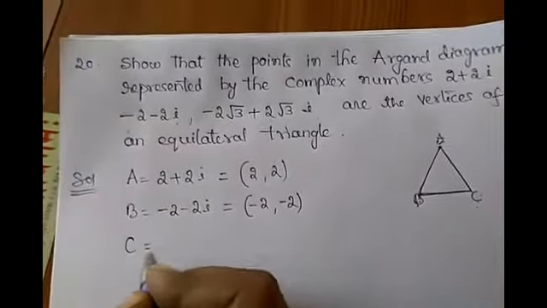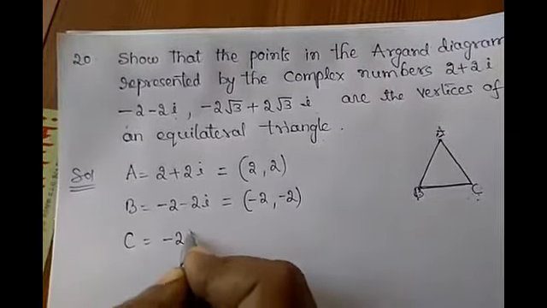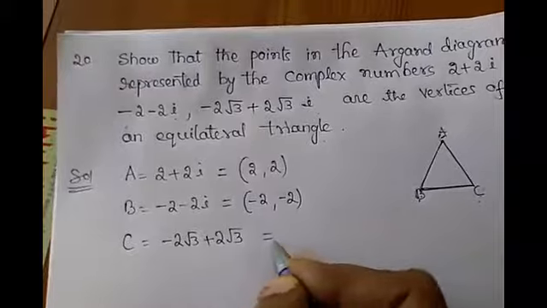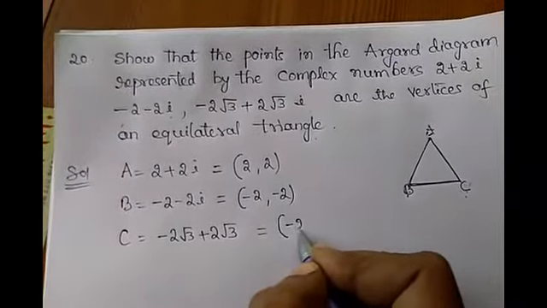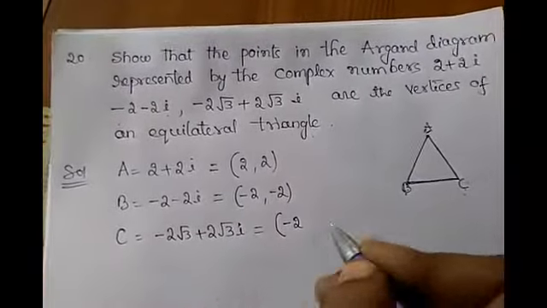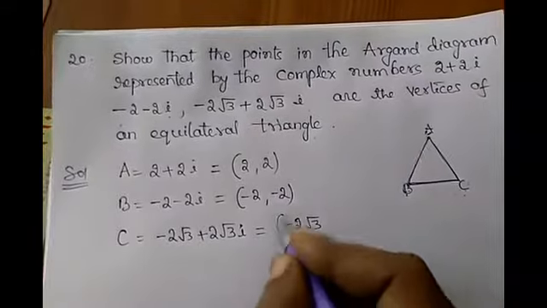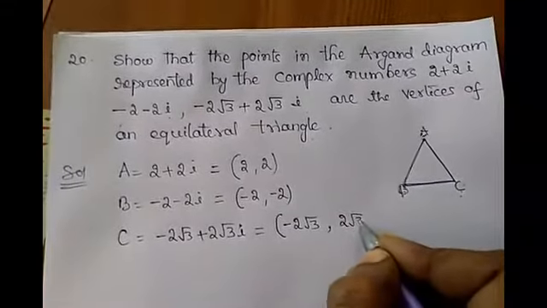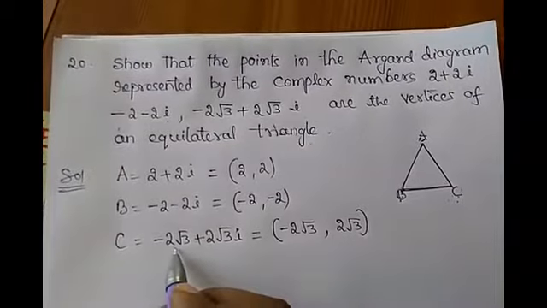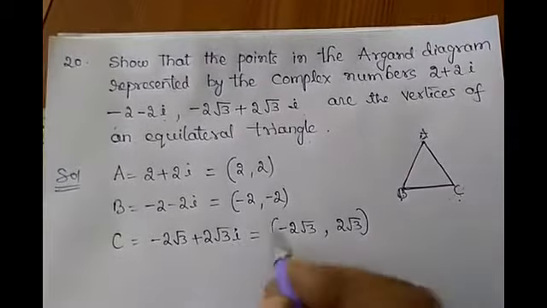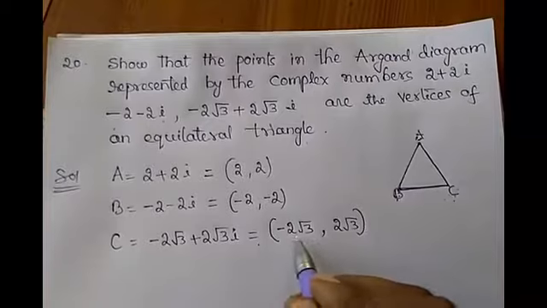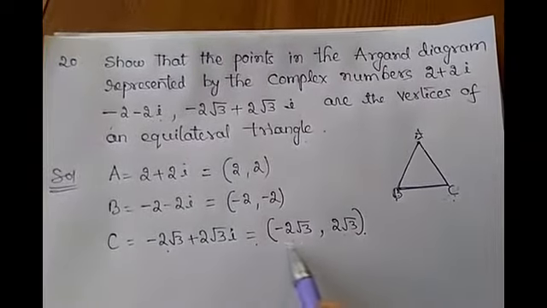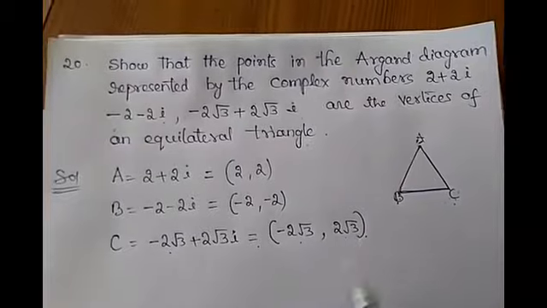And C equal to minus 2 root 3 plus 2 root 3 i can be written as the ordered pair minus 2 root 3 comma 2 root 3.